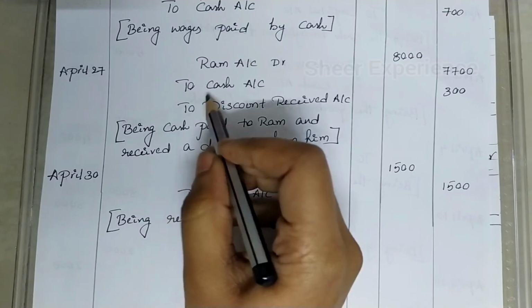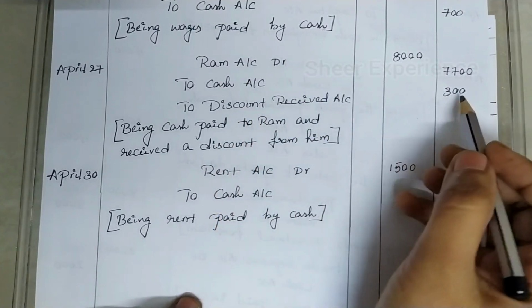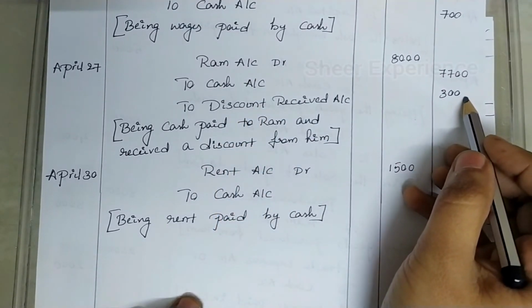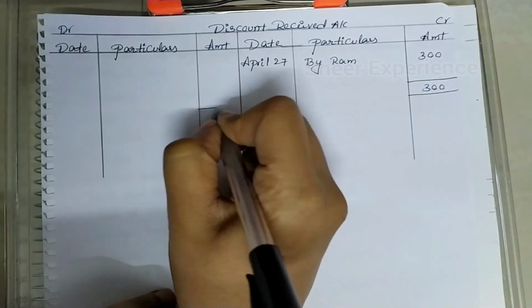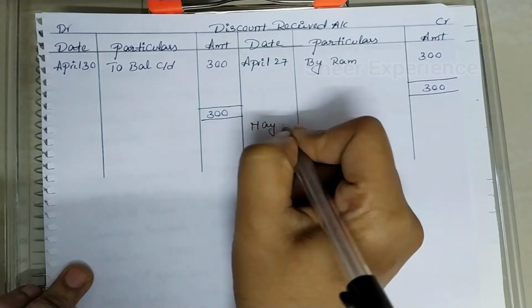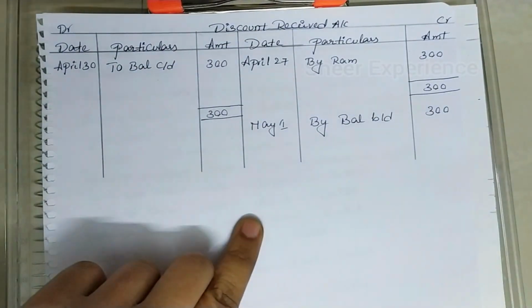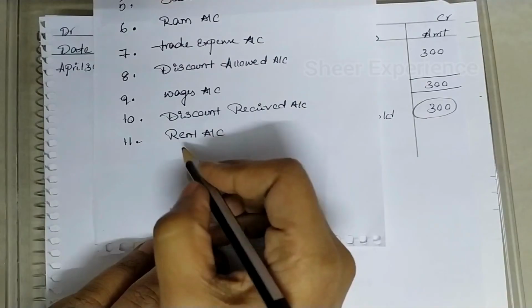Here RAM is debited. So we will put it in the credit side in the ledger account. Amount that we should consider here is 300. Discount received account balance is 300.